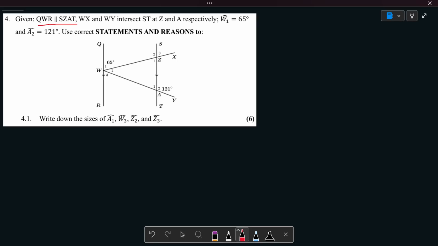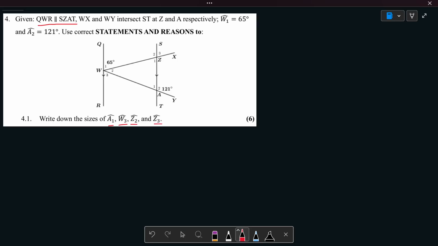The angle W1 is equal to 65 degrees and angle A2 is equal to 121 degrees. Use correct statements and reasons too, and now we're going to be writing down the sizes of A1, W3, Z2, and Z3, all of those angles.